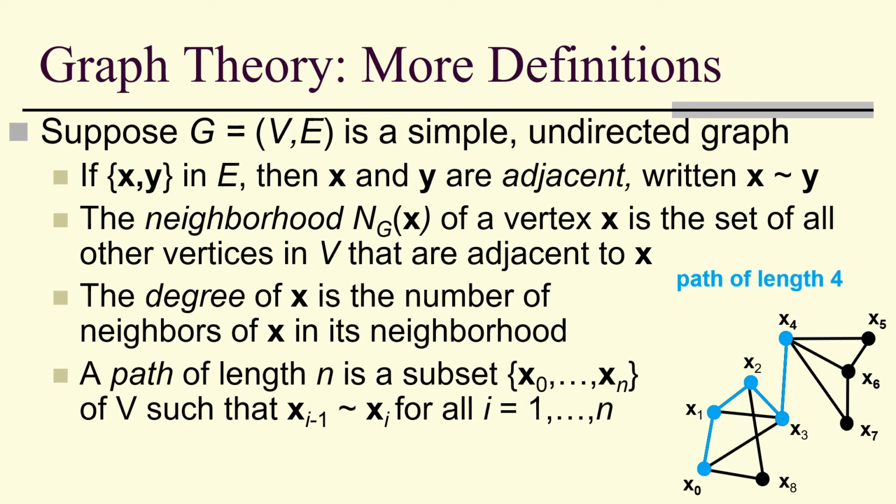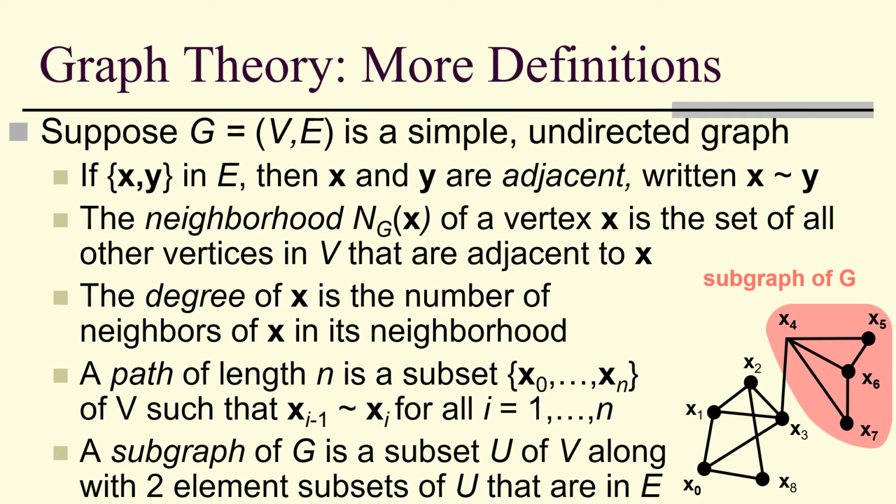A path of length n is a subset of vertices in V such that each next vertex is adjacent to the previous. A subgraph is a subset U of V along with the two-element subsets of U that are also in E.